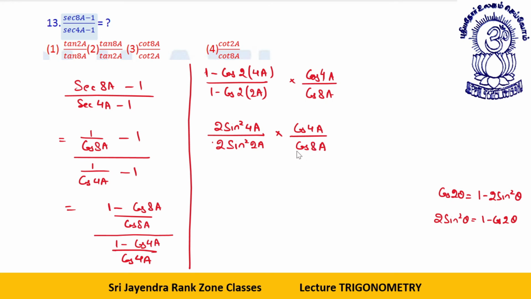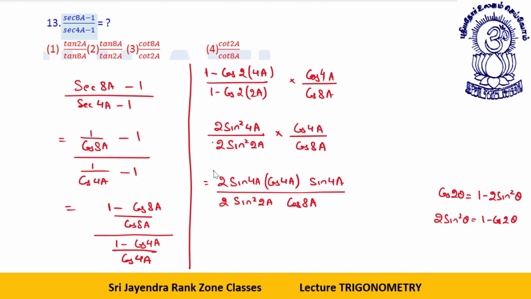So far I think everything is clear to everyone. Fine. Then we have 2 sine 4a into one more sine 4a, sine square 4a. Cos 4a I'll write in between. In the denominator I have 2 sine square 2a and one cos 8a.